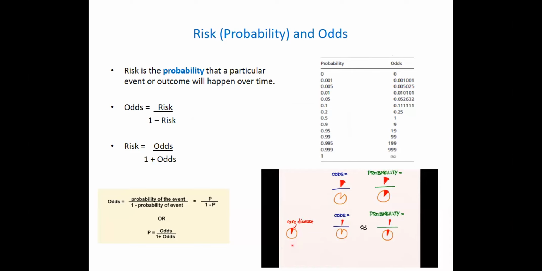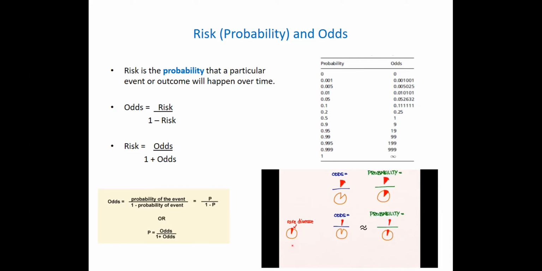Based on what you said now, 0.6 over 1 minus 0.6, so it will be 0.6 over 0.4, which is 3 over 2. That's 1.5. Yes, 1.5. You're right. Thank you.